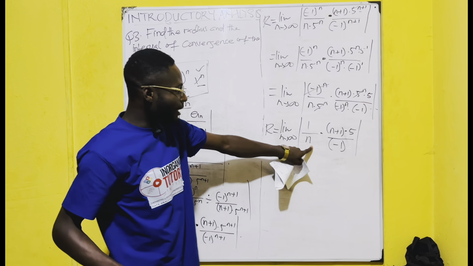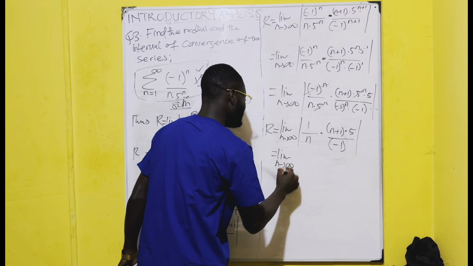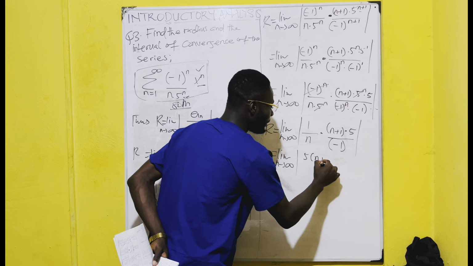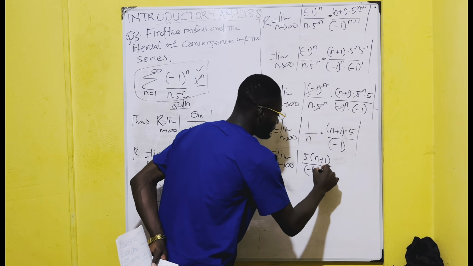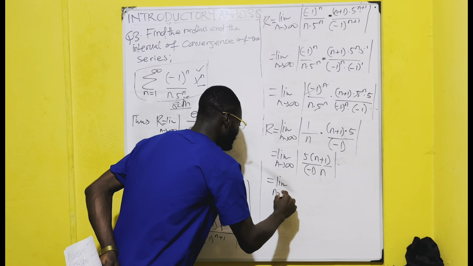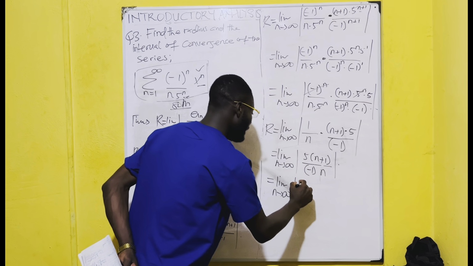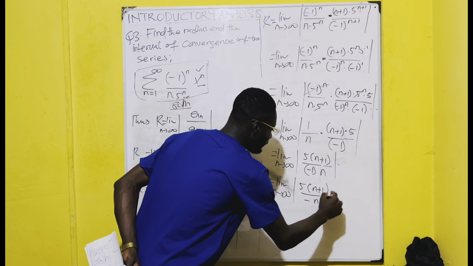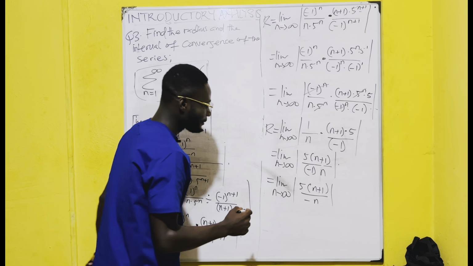So now, as n approaches infinity, this becomes 5 into (n+1) divided by negative 1 into n, and we know that this is 5 into the bracket (n+1) divided by negative n.